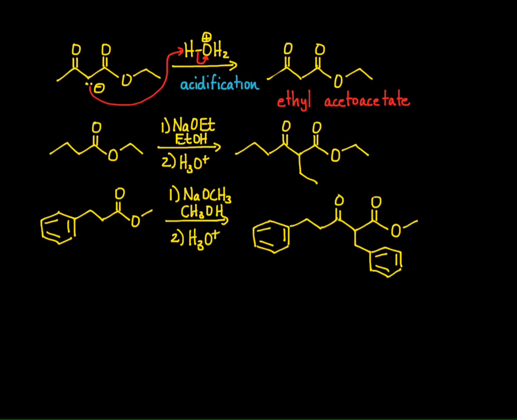And if you look at these structures, you can see we can do other things with them. Since we do have that ester, we can hydrolyze it to make a carboxylic acid, which gives you a beta keto carboxylic acid, and so you can then decarboxylate that carboxylic acid to make ketones. We'll see that play out in just a little bit.